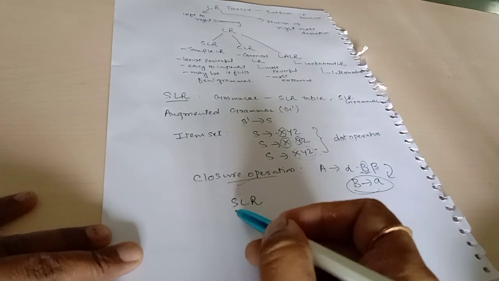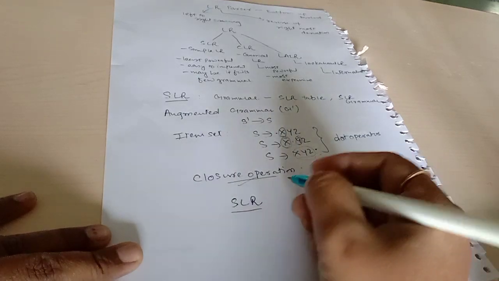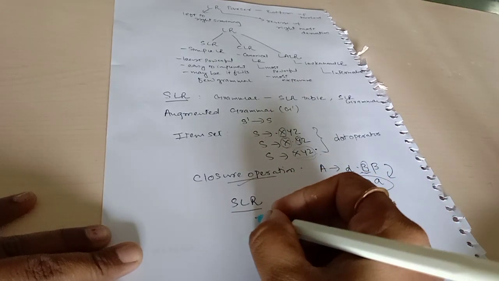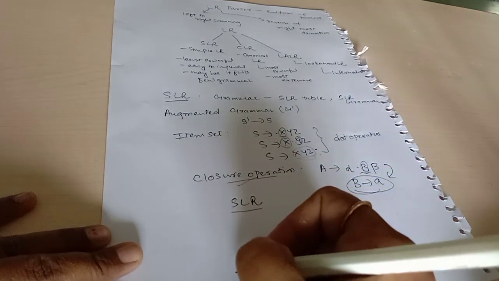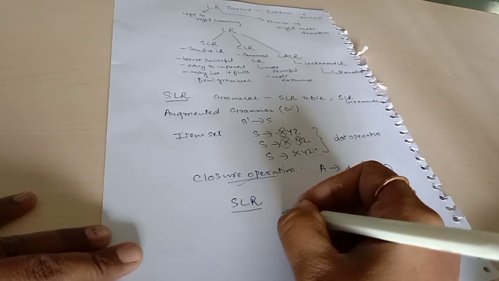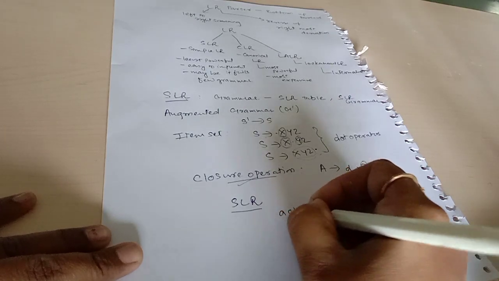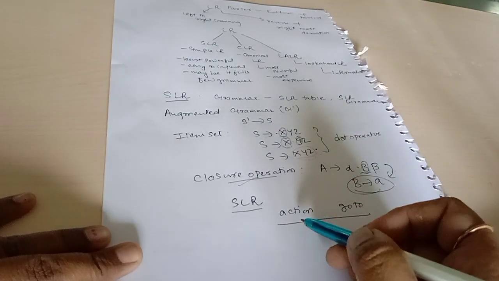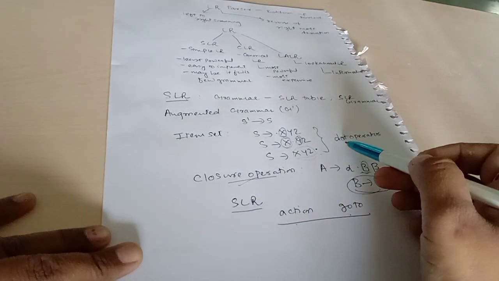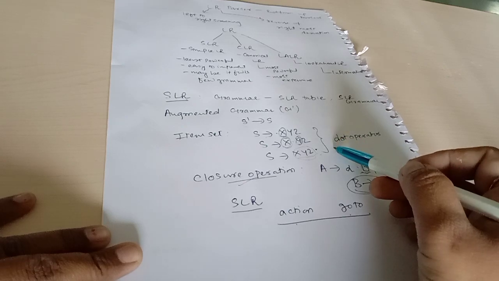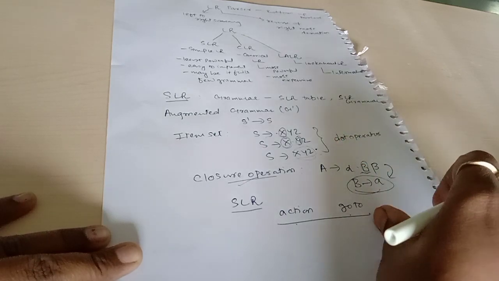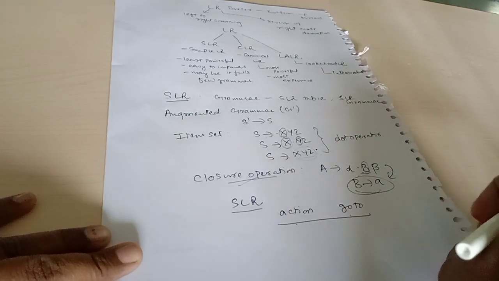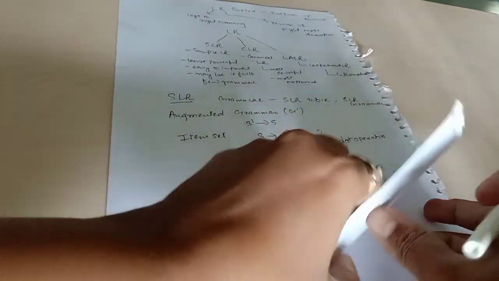First we are talking about the SLR table. In the SLR table we have to make a list of states with action and goto, and this table for action and goto will be created using the item set. So let's start how we can create the item set. Let's see it with one example.